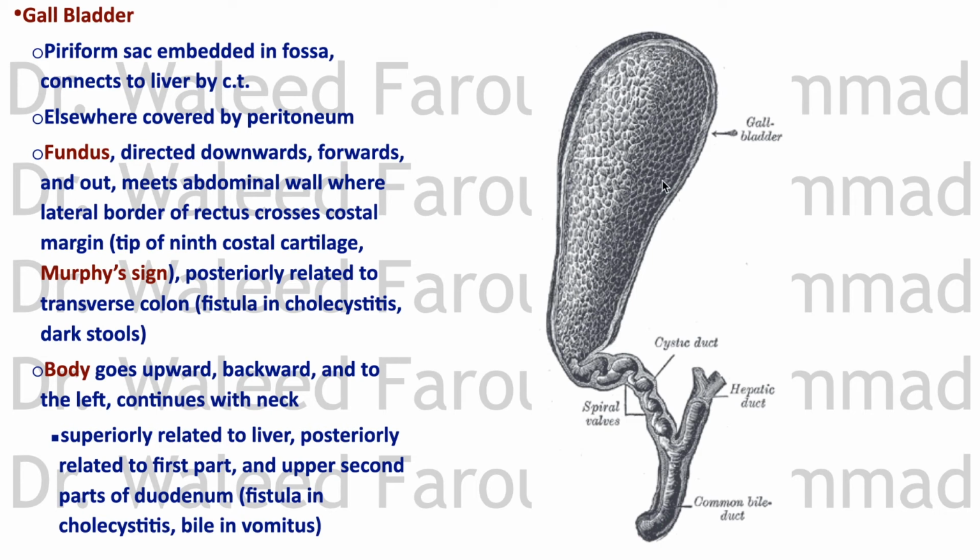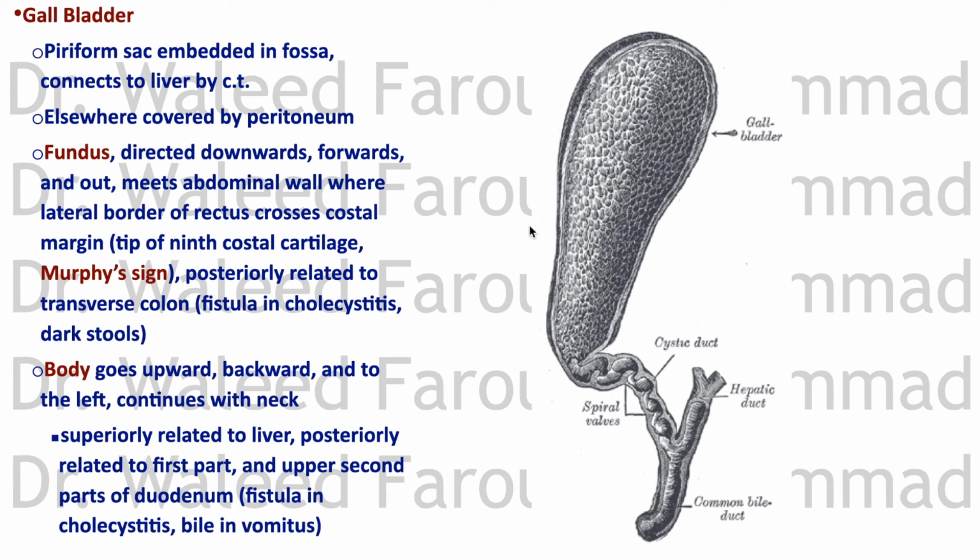But if the erosion occurred in the body or the neck, it will involve the small intestine. See, this small distance between the fundus and body and neck give totally different signs. If it's in the fundus, which is related to the transverse colon, the patient will get dark stools. If the erosion is in the body or the neck, the patient will get bile-stained vomitus.